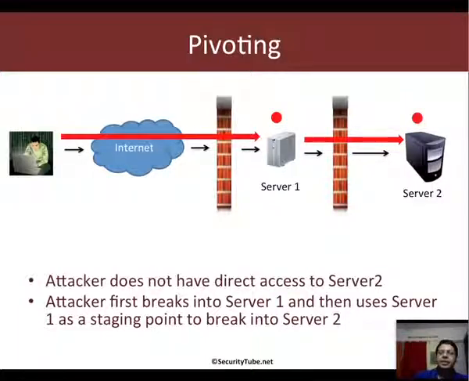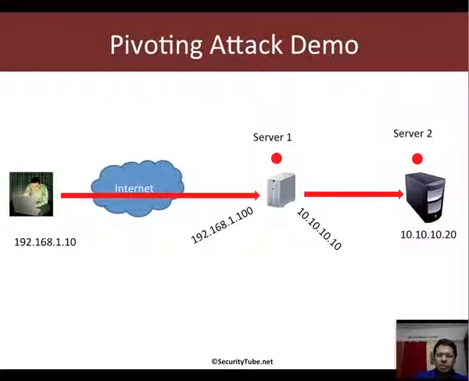Now, let me show you a demonstration of how pivoting works with Metasploit. Before that, here is the scenario we are going to use. The attacker has an addressable IP 192.168.1.10 with which he can access server 1, which is at 1.100.